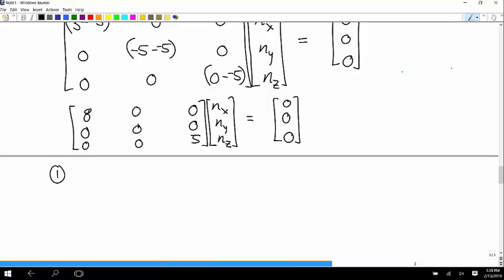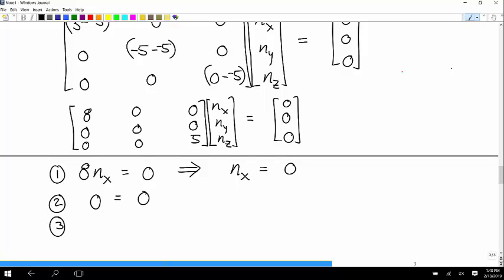So the first equation says 8nx is equal to 0. Does that tell us anything useful? nx is equal to 0. Second equation, nothing. Third equation says 5nz is equal to 0.